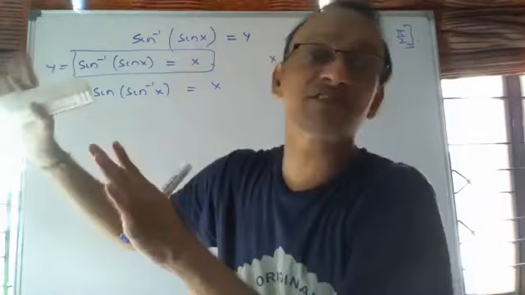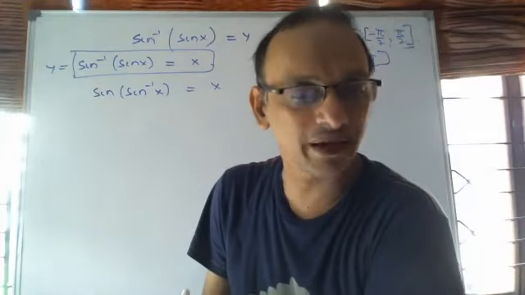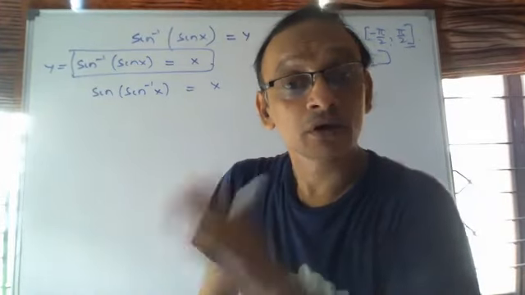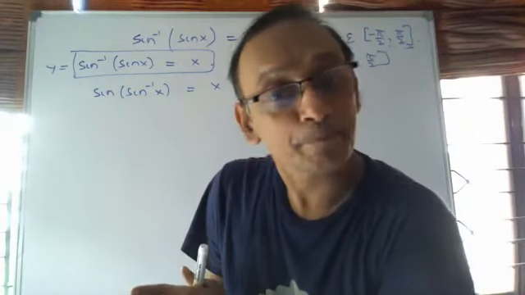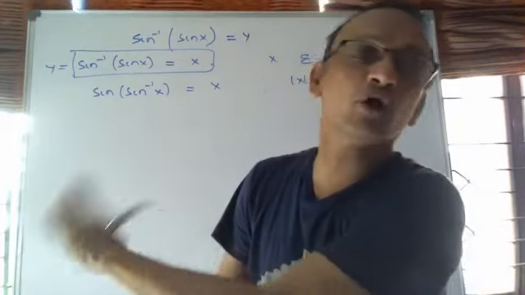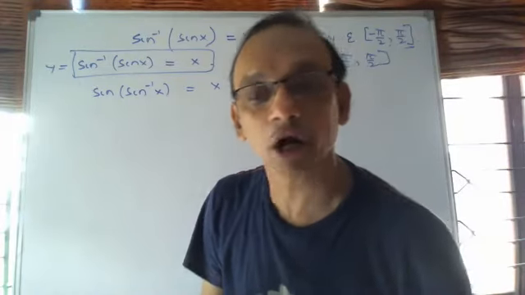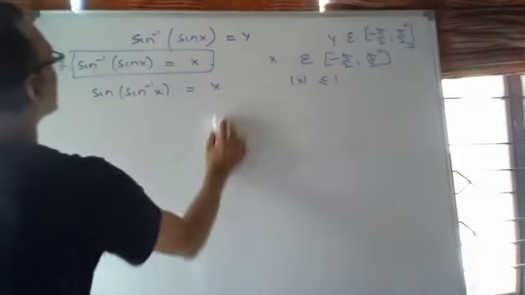But sin of sin inverse x will always be x as long as x belongs to the correct domain. Sin inverse x is an odd function of x, because sin inverse of minus x will always be minus sin inverse x. Got it? Chalo, let's go further.